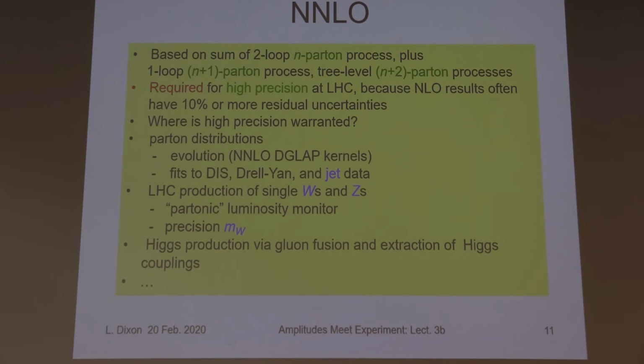But 2 goes to 3 is still a big frontier. Even at 2 goes to 2, when you have processes with top quarks in the final state, there are pieces of those that are not polylogarithmic, that are elliptic, and as far as I know, they still haven't really been done analytically, but fortunately the kinematics are simple enough that they were done numerically, and you could get enough control.